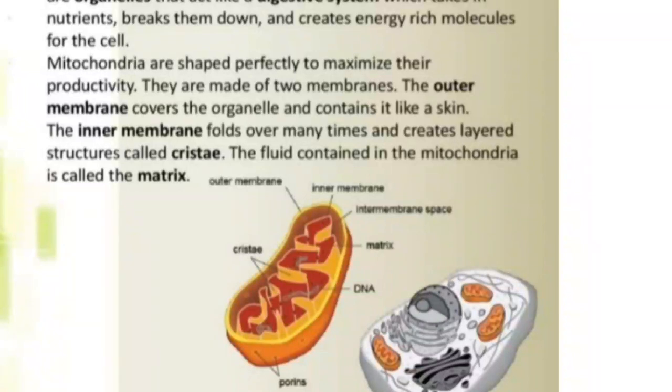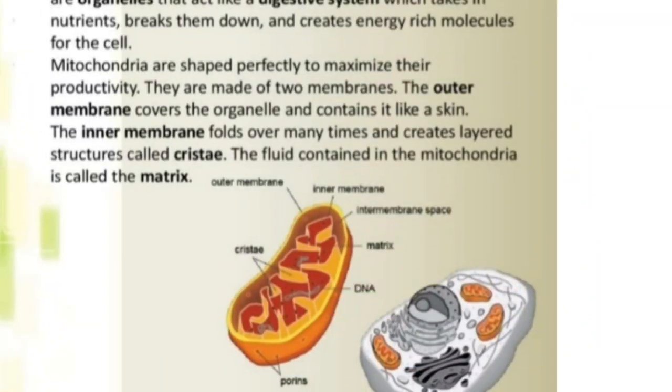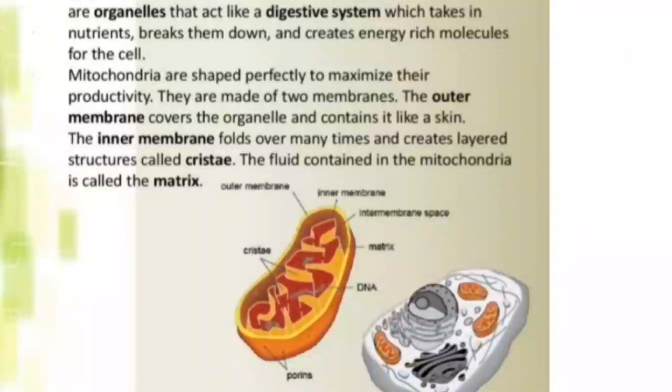This inner membrane is filled with fluid, and this fluid is called the matrix. The main function of the mitochondria is to generate most of the chemical energy needed to power the cell's biochemical reactions.